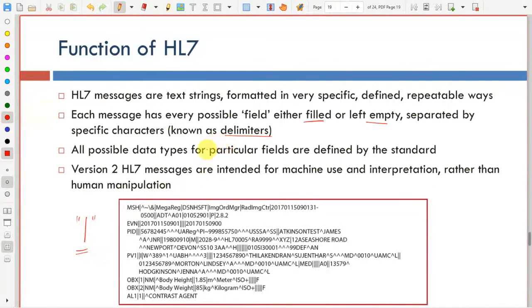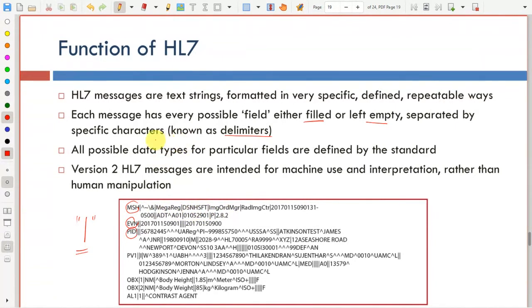So for each one of these messages, this is the message, the message ID, for example, like the tags that we saw in DICOM. You have certain fields for each one. The standard defines exactly what each of these messages should have as fields, and it tells you exactly what to put in each field.